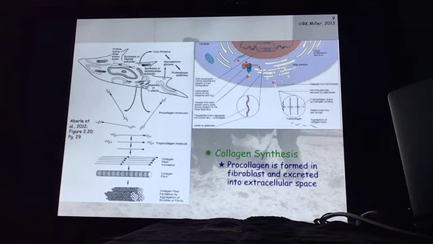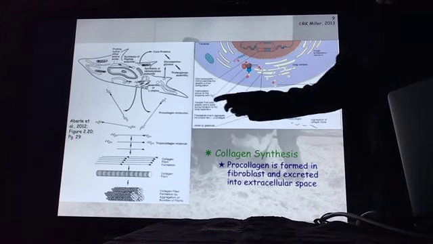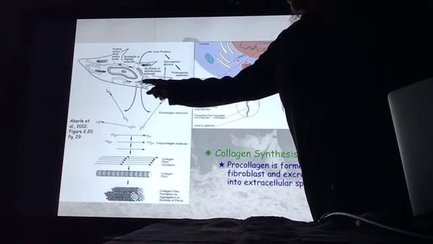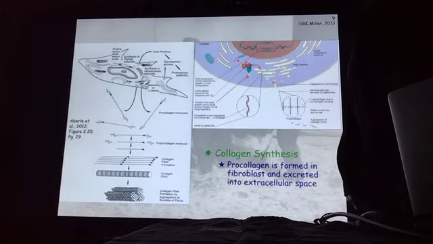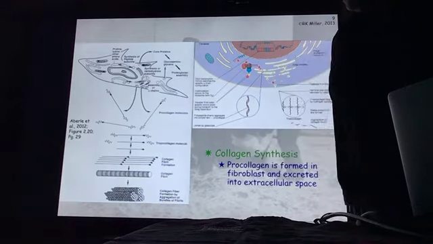Those side chains allow procollagen to be excreted from the fibroblast into the extracellular matrix. So you can see here where procollagen is being transferred across the cell membrane. Those are called alpha chains.